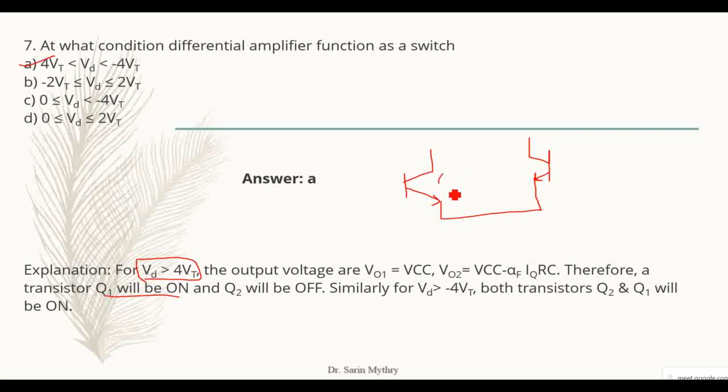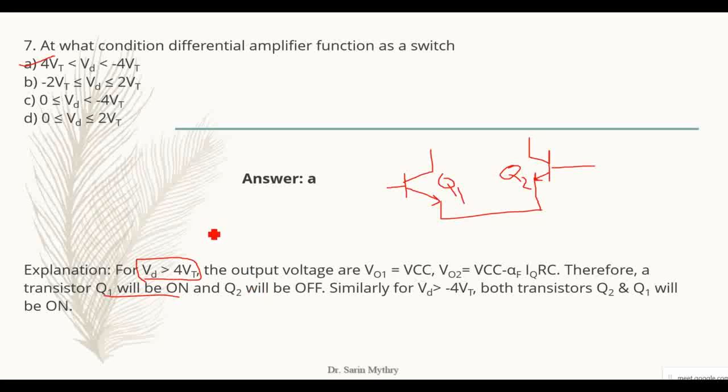This is your transistor Q1 and transistor Q2, where you can see all the terminals: base, collector and emitter.